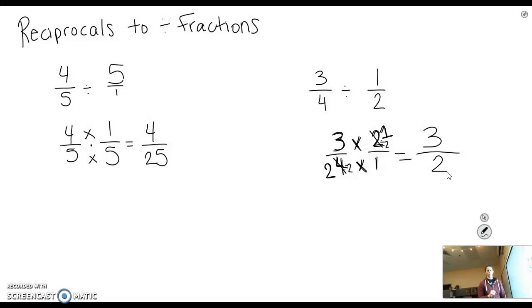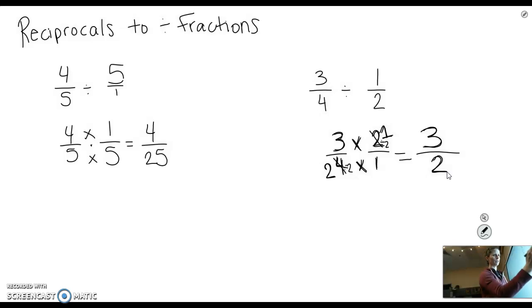Okay, so if you didn't notice, 3/2 is an improper fraction because the numerator 3 is larger than our denominator of 2. So I have to turn this improper fraction into a mixed number.